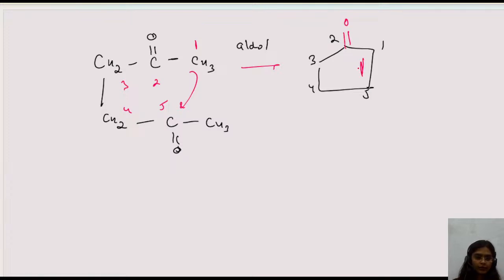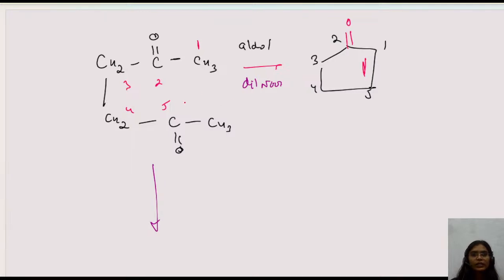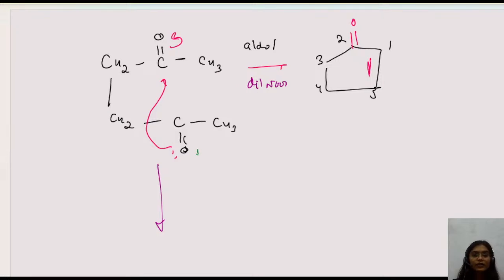The possibility number one, or maybe possibility number two: suppose we are not using any base, not even a single base. In this case, if I'm using dilute NaOH, what is possibility number two? Maybe this oxygen has a lone pair, so the oxygen says, not an issue, why can't I attack on a carbon? So maybe this oxygen attacks here, and this is how the bond opens up. If you count the number of atoms now, the numbering starts from 1, 2, 3, 4, and 5, right?